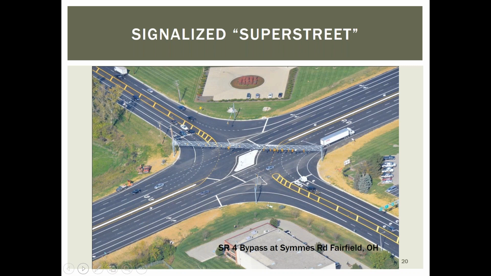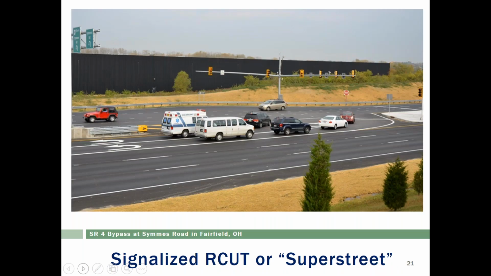And it does kind of show that even with the minor streets, it is possible to accommodate a fairly significant amount of volume, triple right turns coming out of there, double U-turns. So the signalized R-CUT, a very powerful intersection, even in a suburban higher volume type of context. Here's an example of the U-turn bay that is signalized, dual U-turn lanes.